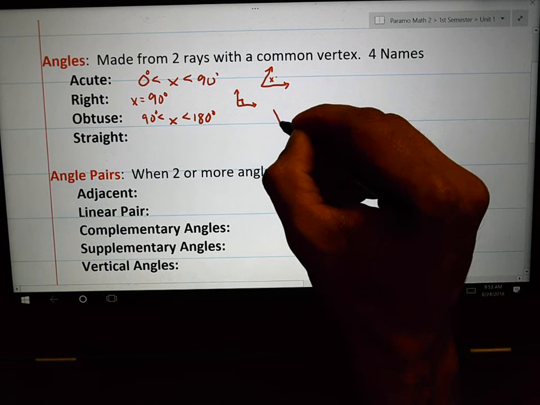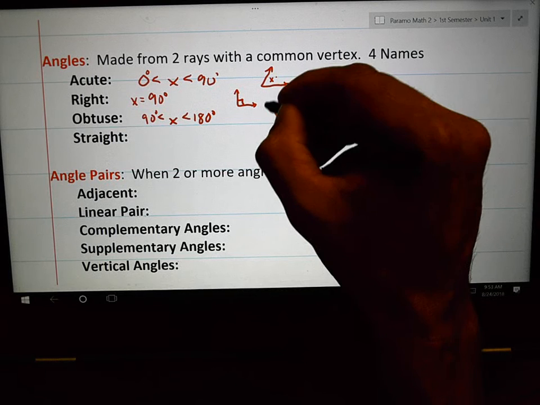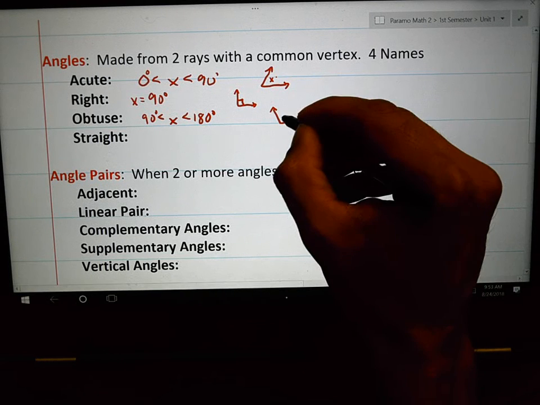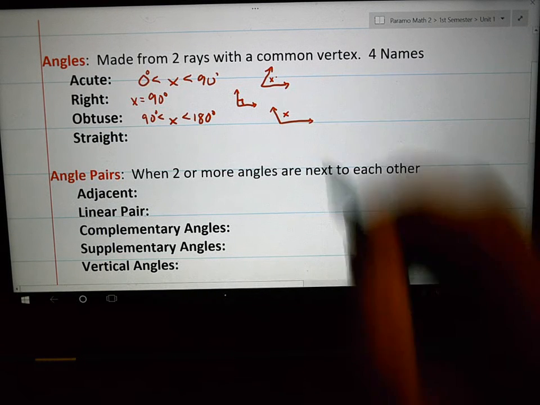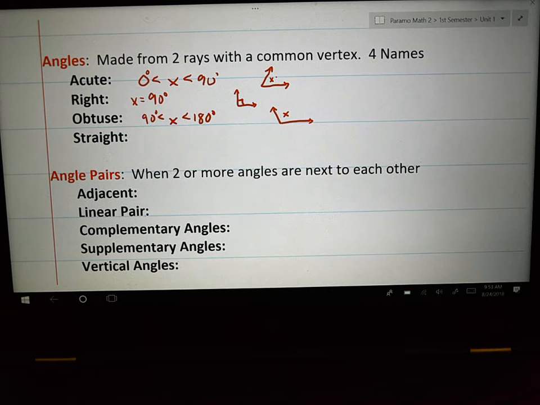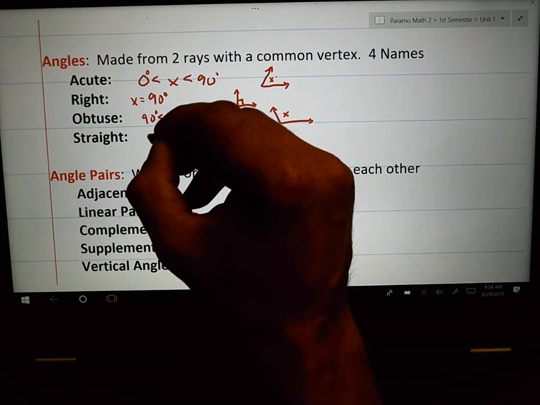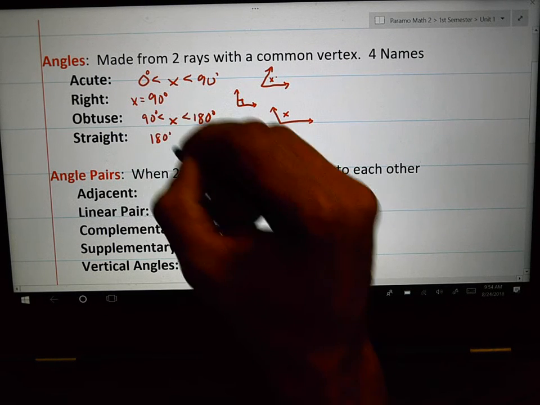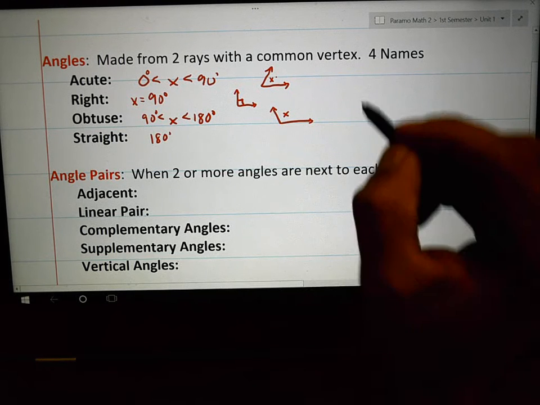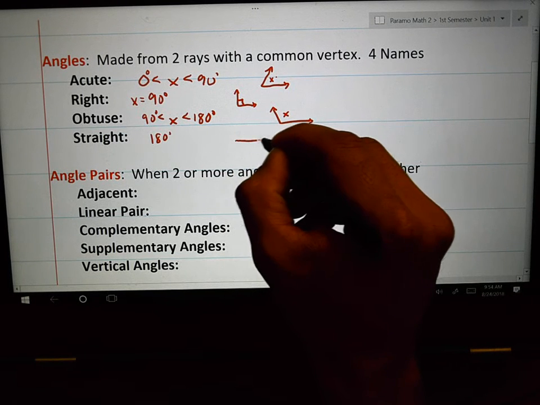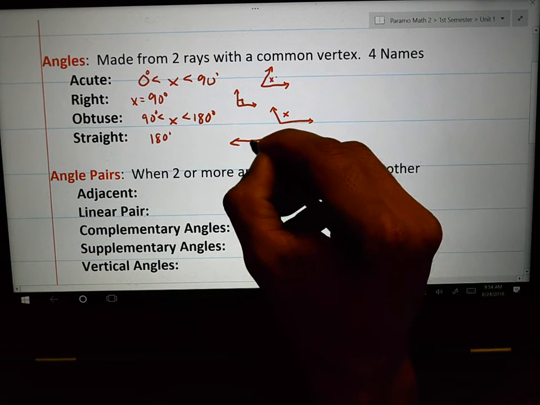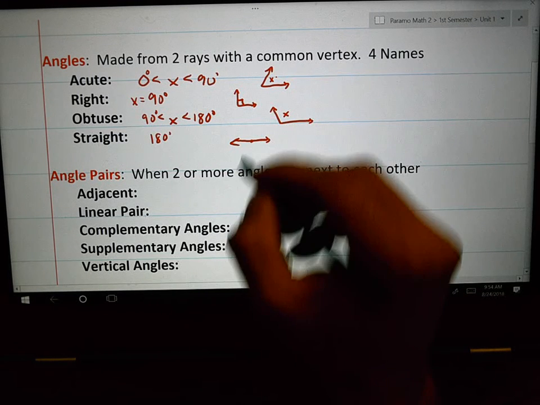An obtuse angle is anything that looks something like this. A straight angle, on the other hand, is an angle that is equal to 180 degrees. It is made of two opposite rays, and it looks like a straight line.